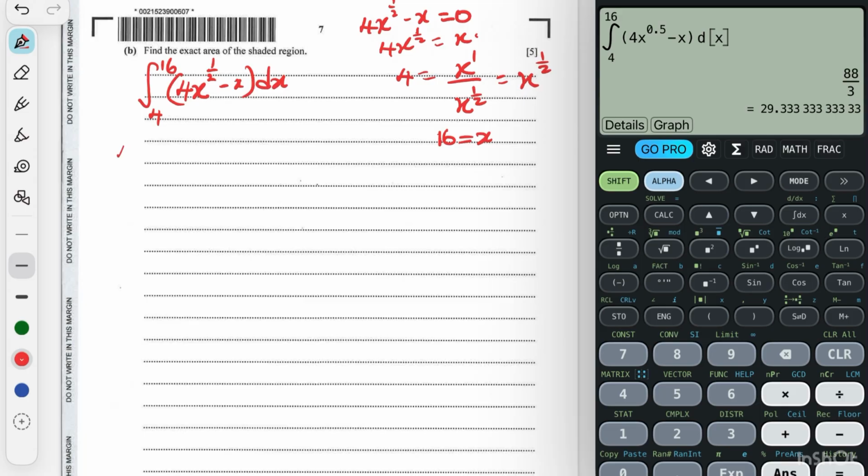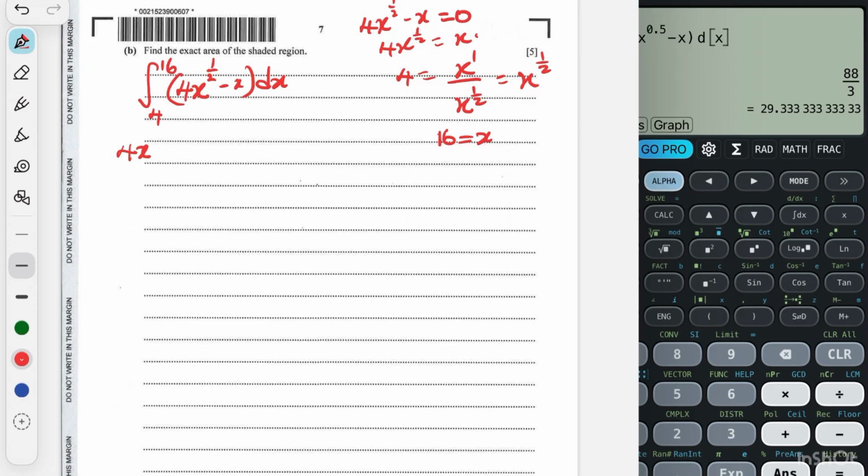So 4x to the power of half plus 1 is 3 by 2 over 3 by 2 minus x squared over 2. Then I just finished, then put my limit 4 to 6. So I'm just going to simplify this.